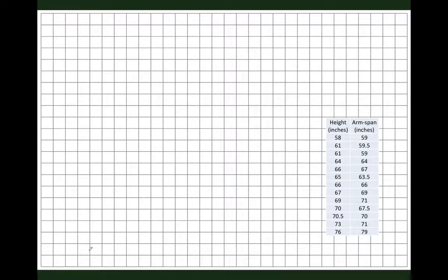All right. Now, to draw this graph, I need two axes. I need a horizontal axis and I need a vertical axis. And so I'm going to start off by drawing a horizontal axis. And I'm just sketching this graph, so I'm doing it all freehand. I'm just going to take my time and try to draw a nice, straight, horizontal line.